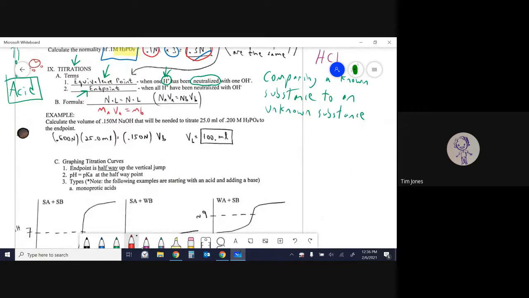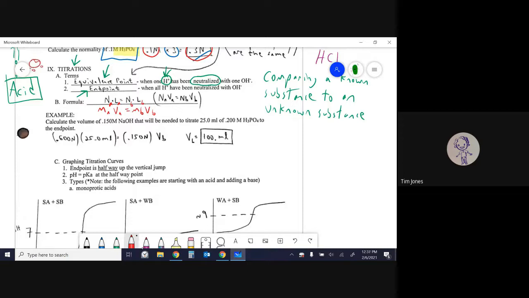The problem with the equation that we've been using last year was we're assuming that everything is one equivalence. If something is more than one equivalence, we have to account for that, and that's what's happening in this new equation. Now, technically, it's supposed to be liters, so it's NaLa equals NbLb.